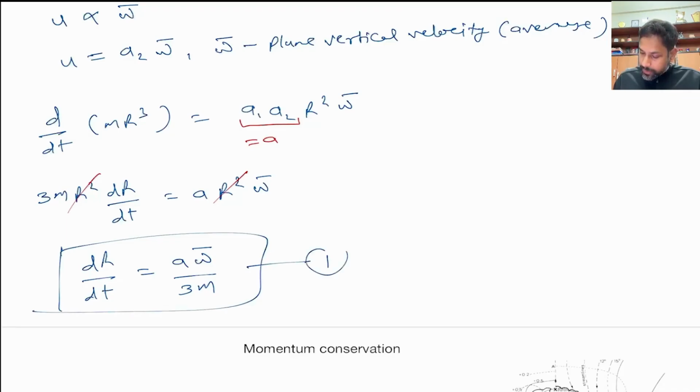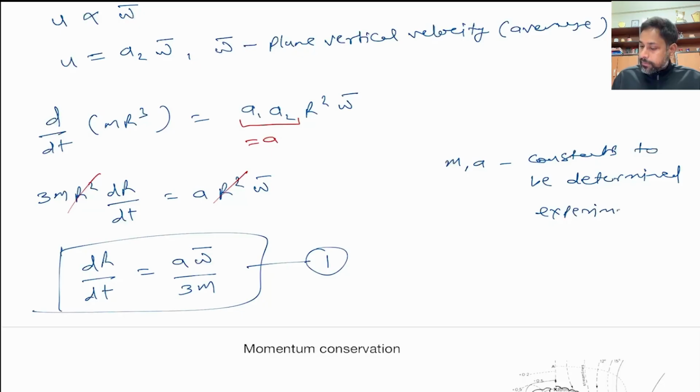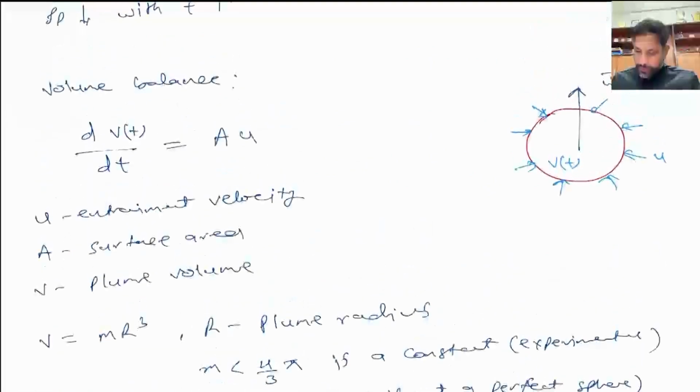Okay, so this is our equation 1, where m and A are constants to be determined experimentally. Okay, and r is the radius of the plume and W bar is average vertical velocity. So this equation we got by balancing volume of the plume along with the entrainment volume.